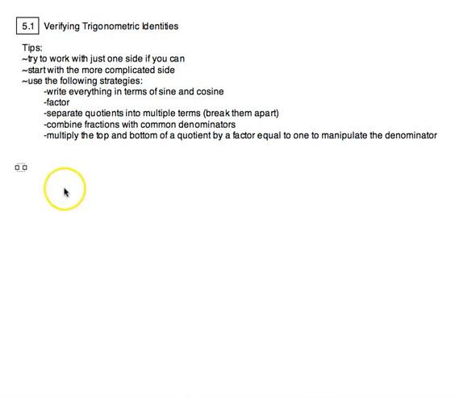Now, being upfront and honest, every trig identity is different. It's kind of like a proof. So like in geometry, your teacher could show you an example of a triangle proof, but every proof was a little bit different and you had to figure out, with problem solving, how to do it. It's going to be the exact same for these trig identities. They are all going to be different.